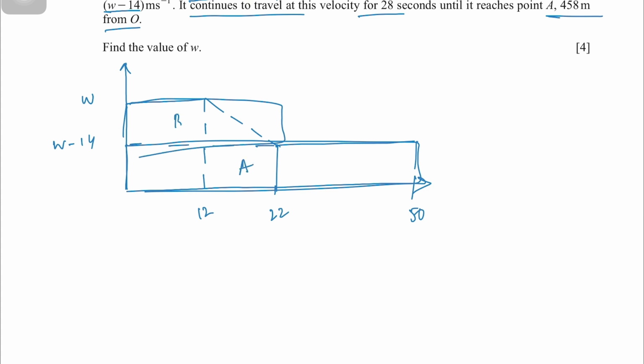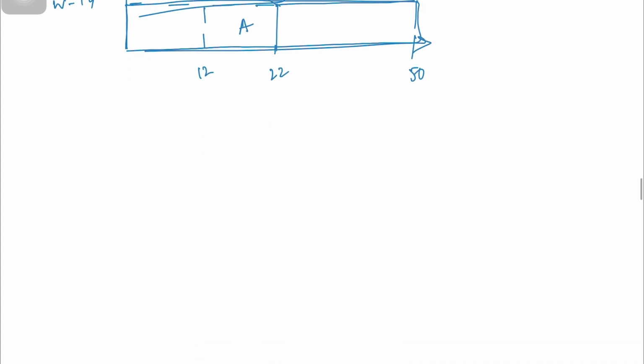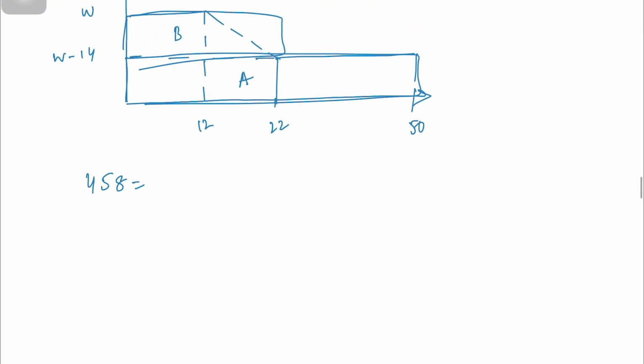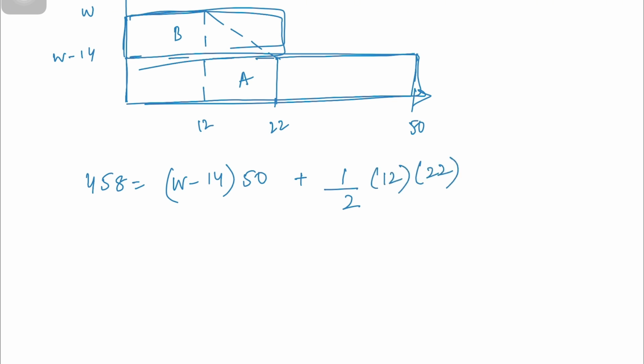Let's take it as A and this as B. So our distance is 458, and area under the velocity line gives us distance. So this is our rectangle: w minus 14 multiplied by 50, and then this trapezium, which has parallel sides 12 and 22, and the height as w minus 14.